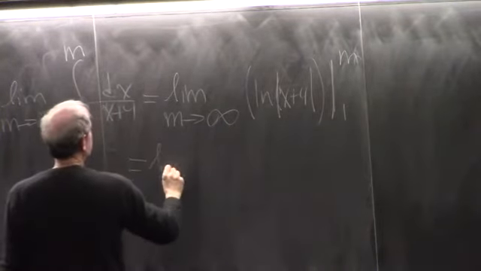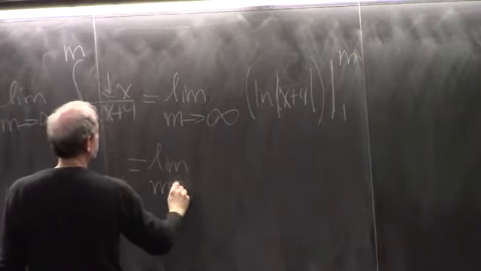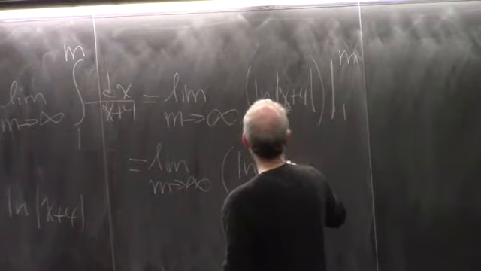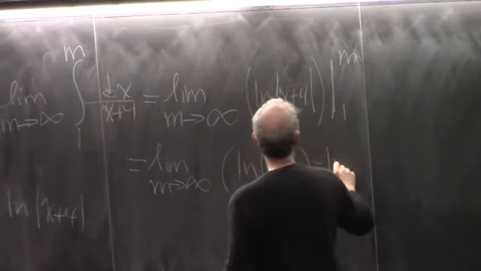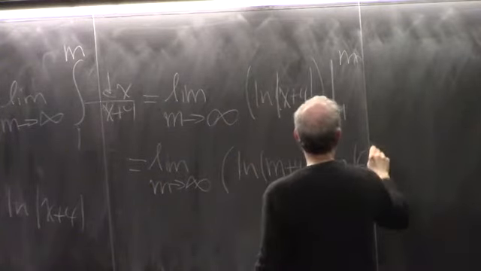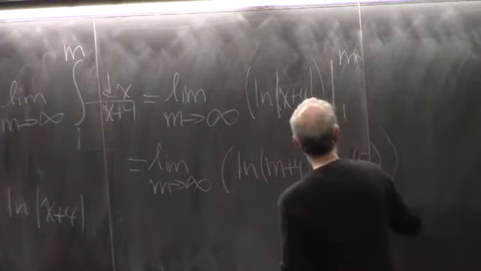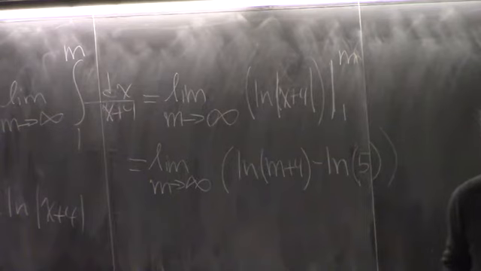That's going to be the limit as m goes to infinity of ln of m plus 4 minus ln of 5. Don't need the absolute value bars, because the absolute value of 5 is 5.